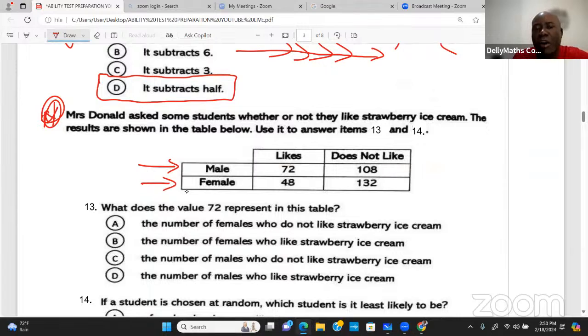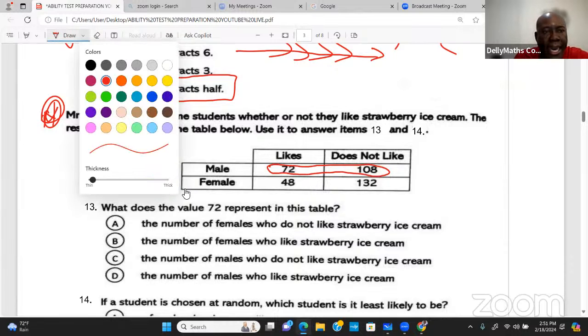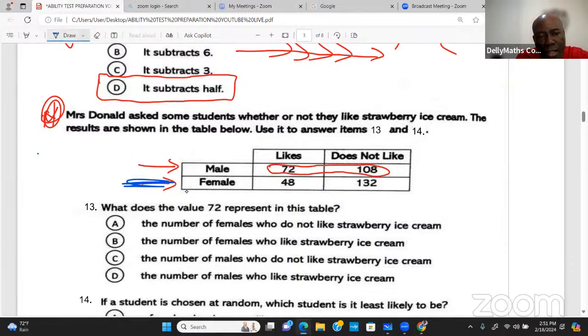So we have a row that deals with male. Everything here, these are male numbers, I'm putting in red. And if you look at the female row, those are for females, put in blue.